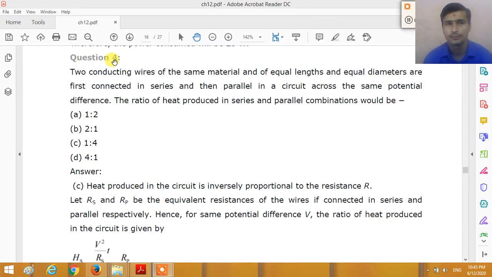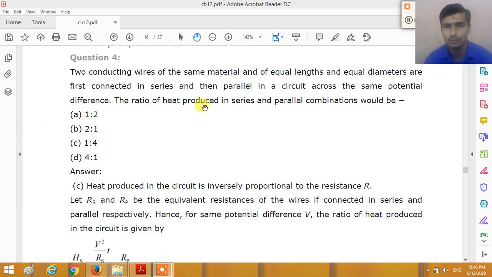Question number 4. Two conducting wires of the same material and of equal length. Here two conducting wires of the same material, equal length and equal diameter are given. So the length, the diameter as well as the material of the conducting wires are the same. They are first connected in series and then in parallel in the circuit across the same potential difference.